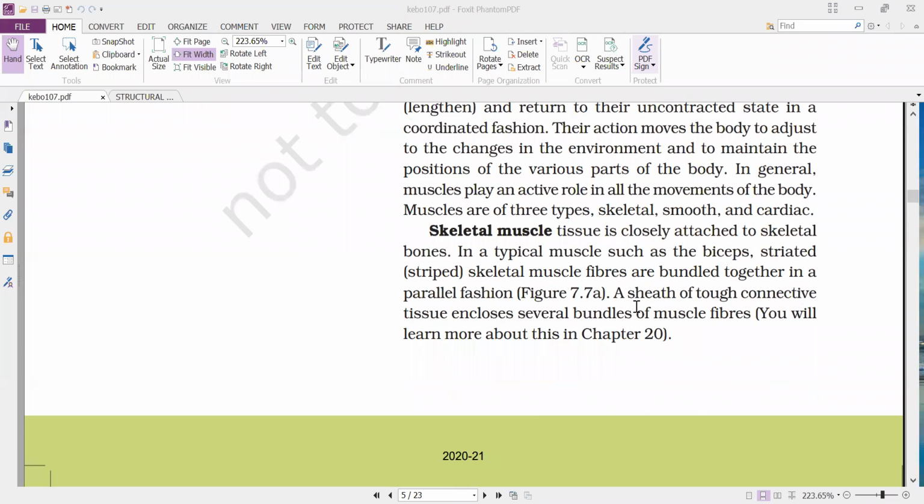First, we'll discuss the skeletal muscle. Skeletal muscle tissue is closely attached to the skeletal bones. Why is it named skeletal muscle? The name is given because these muscles are associated with the bones of the skeleton.